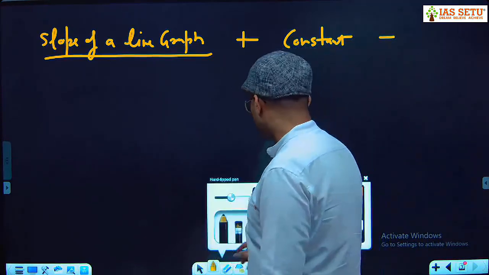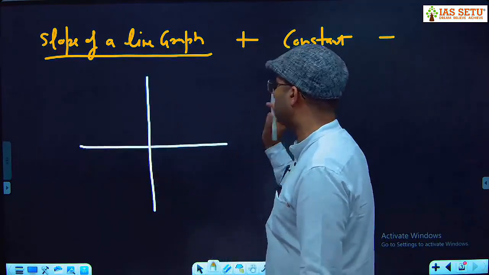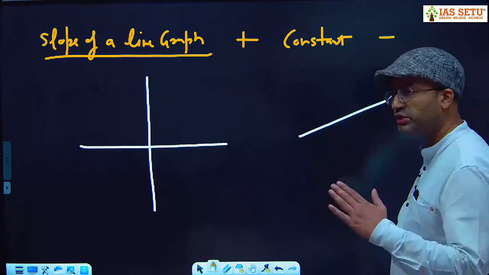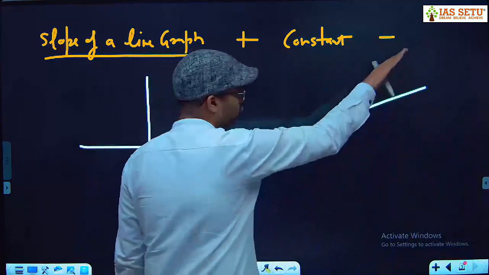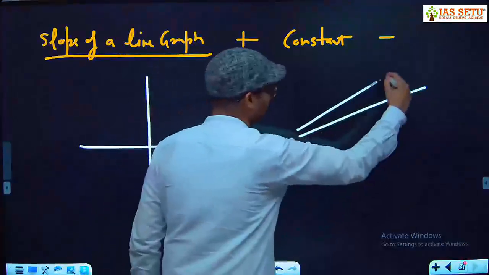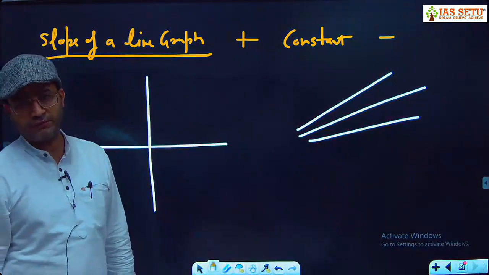But some students, I don't know why, have misconceptions about the positive slope graph. I tell you what a positive slope graph is. If your line goes from left to right and shows an increasing trend, like you are climbing a mountain from left to right, that is a positive slope graph. Here this is also a positive slope. All these lines have a positive slope.